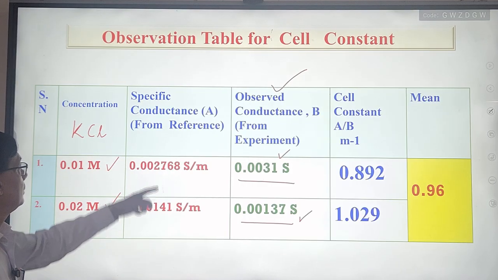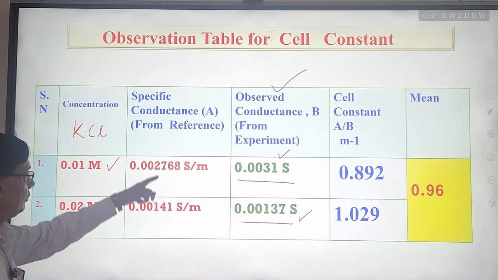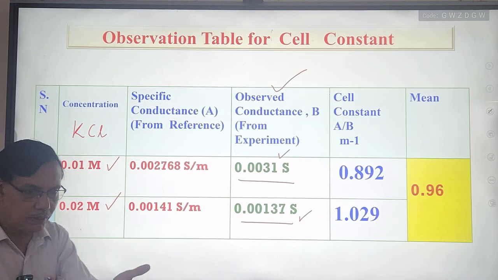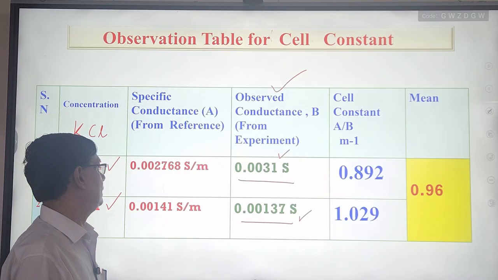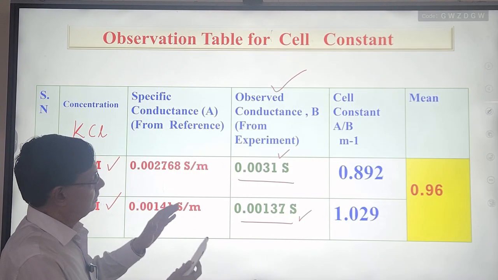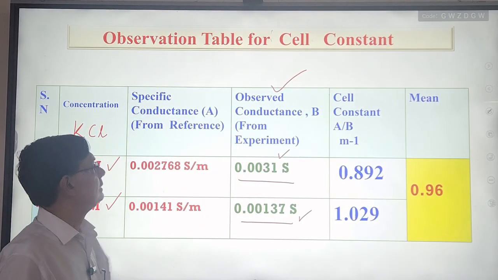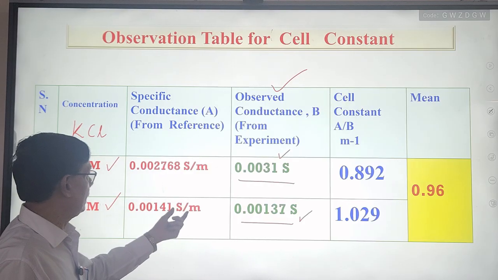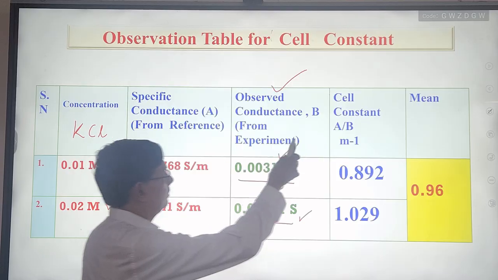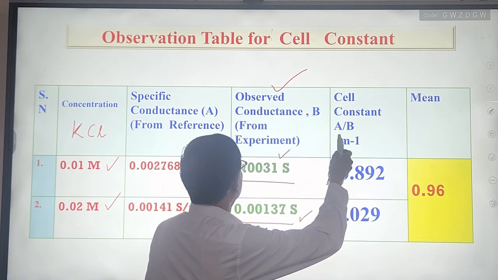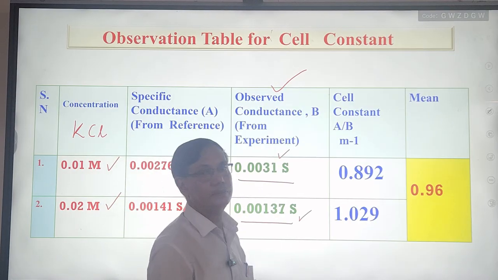And these two values, specific conductance, I have taken from the literature, whatever book you are using, maybe Alexander Findlay Physical Chemistry or any data book, CRC data book. So now we are having two values. One is your experimental value, the observed conductance, and another I have taken from the literature, specific conductance. So cell constant formula is like that: specific conductance divided by the observed conductance.